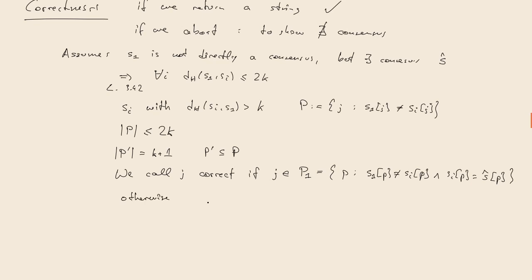But in principle, P could also be among the other set, which is just all P, so that these are different. Since our algorithm, without any clever way, chooses one of these strings where we have more than k mismatches, we might also pick one that actually brings us further away from a consensus that we pick here.